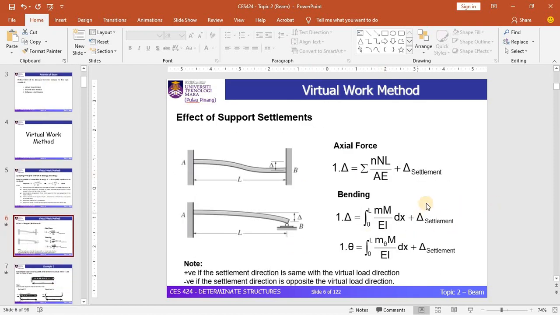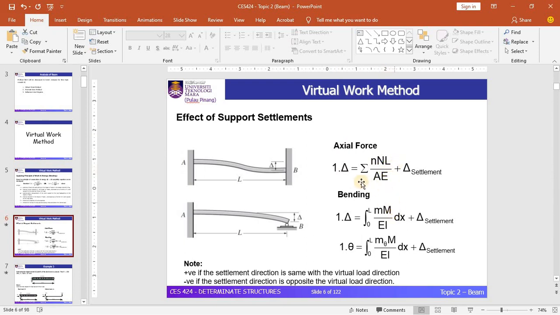Let's move on to this slide. This slide is about the displacements of a beam that incorporate settlement, where you can see that there is an equation for the axial force and an equation for the bending. This one is for the beam. Meanwhile, the axial force equation we will use in the thrust analysis in the next topic.